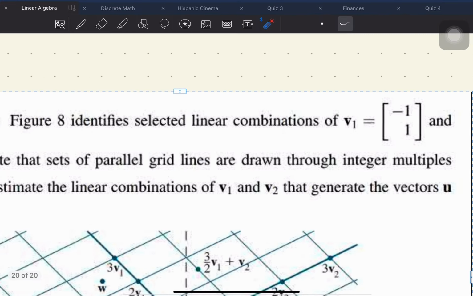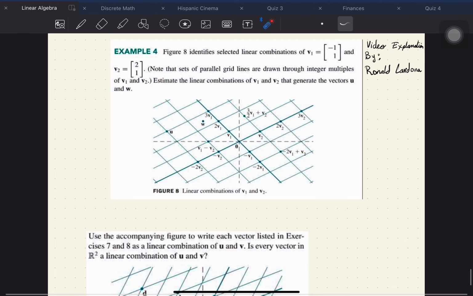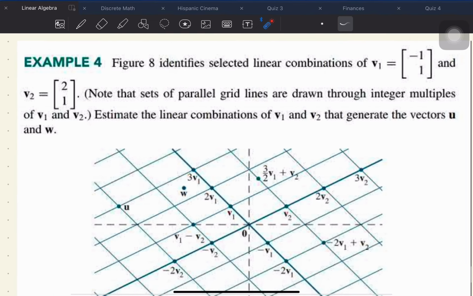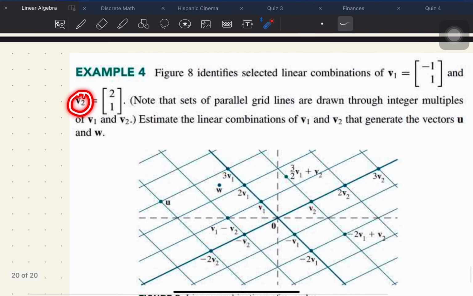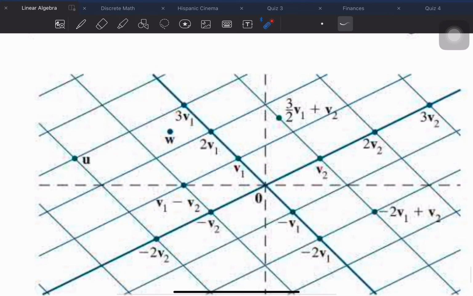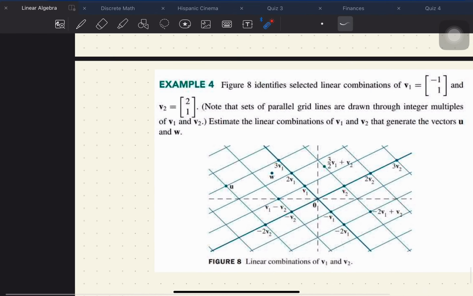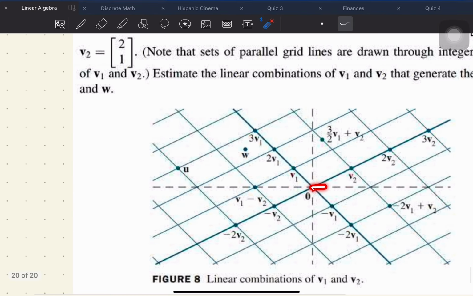Sorry, we also see that we have a vector b2. And just like b1, it starts at the origin and goes 2 steps and then 1 up, which in this case will be a positive vector.